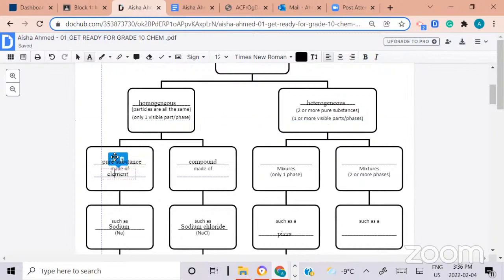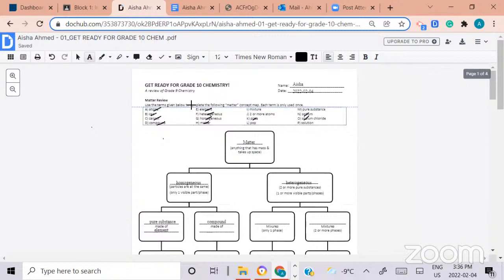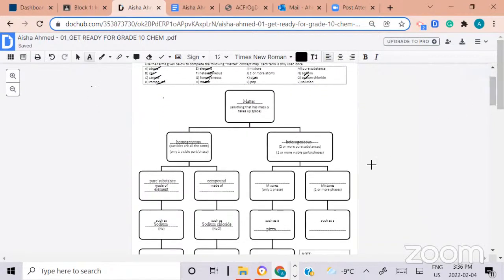Okay, and then on the other side, where it says... wait, what other option is there? Kind of opposite to pure substance. Oh wait, how about you write mixture made up of two or more atoms?